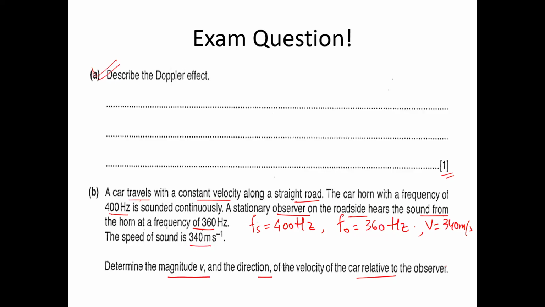The question says determine the magnitude of V and the direction, the velocity of the car relative to the observer. So tell me, can we tell by looking at these two frequencies whether the car is moving towards or away from the observer? Yes, can anyone tell? If the observed frequency is less than the source frequency, what does it mean?